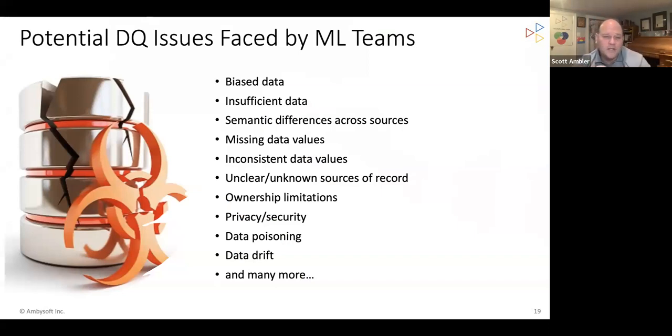These are problems that are semi-unique to machine learning teams, or at least that machine learning teams get hurt by the most. Biased data: there will be bias in your data because your data reflects your business processes. Your business processes reflect the ways of thinking of the people involved, and the people involved have biases. It's just human nature. You might not have enough data, or what's usually the case, you don't have enough data for certain types of situations.